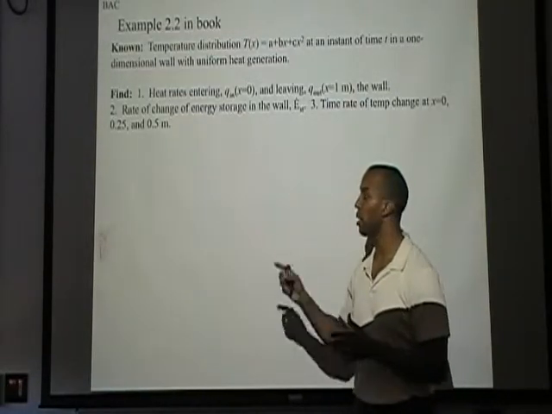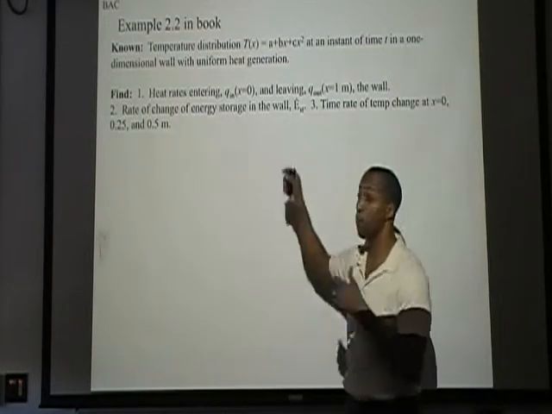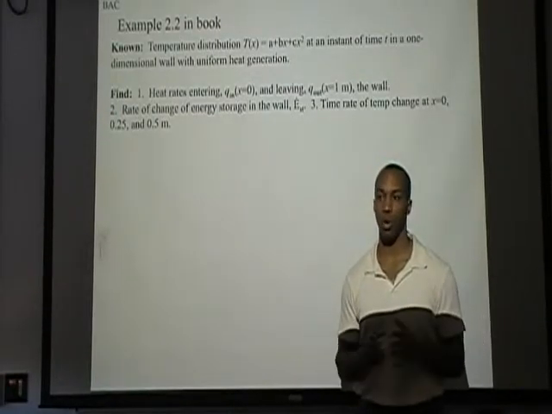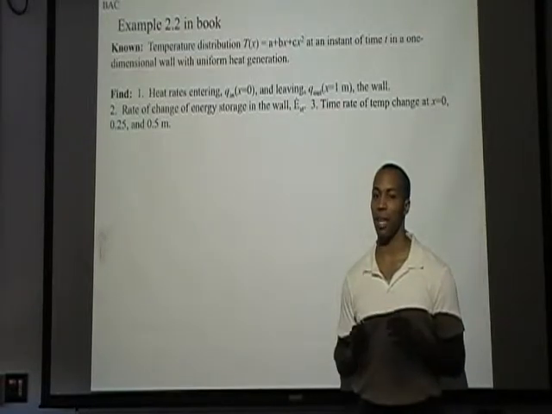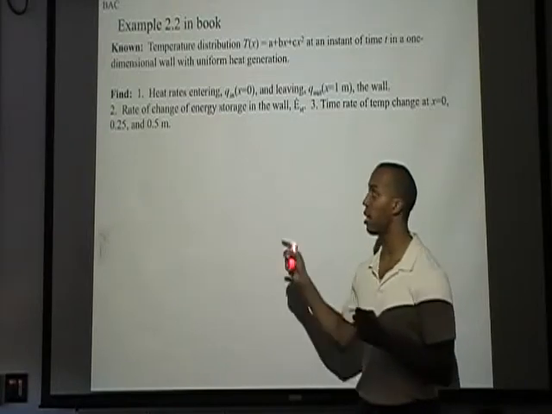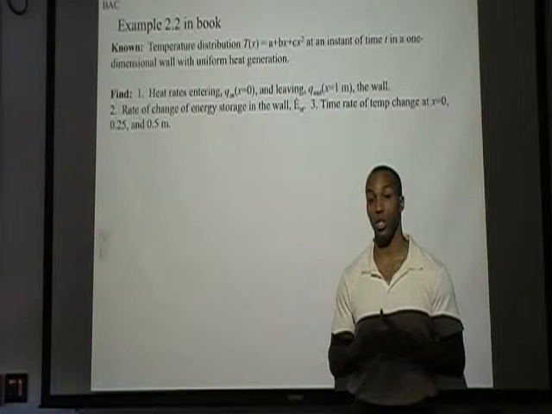We went from E in minus E out plus E generation equals E storage, this term, to the complicated heat diffusion equation that showed these second order partial derivatives of temperature. But they're the same thing. And you have to learn how to work interchangeably between the simple statement of energy balance and the heat equation, which are the same thing.